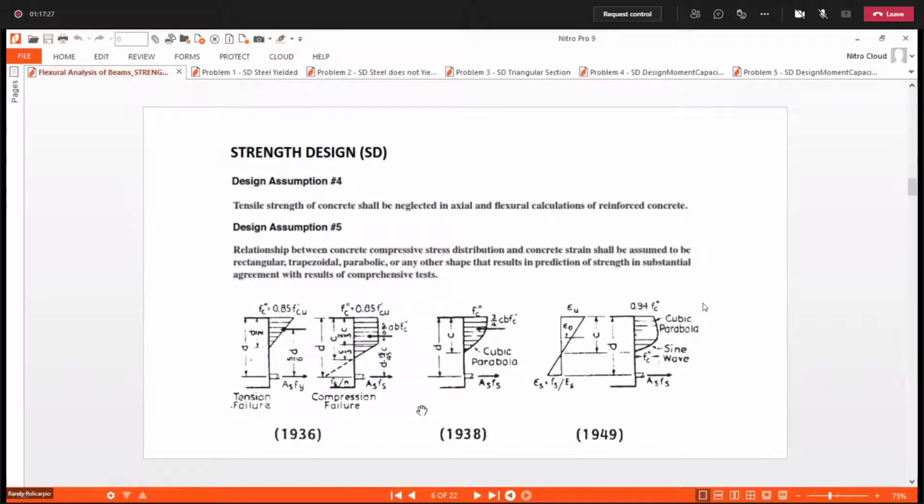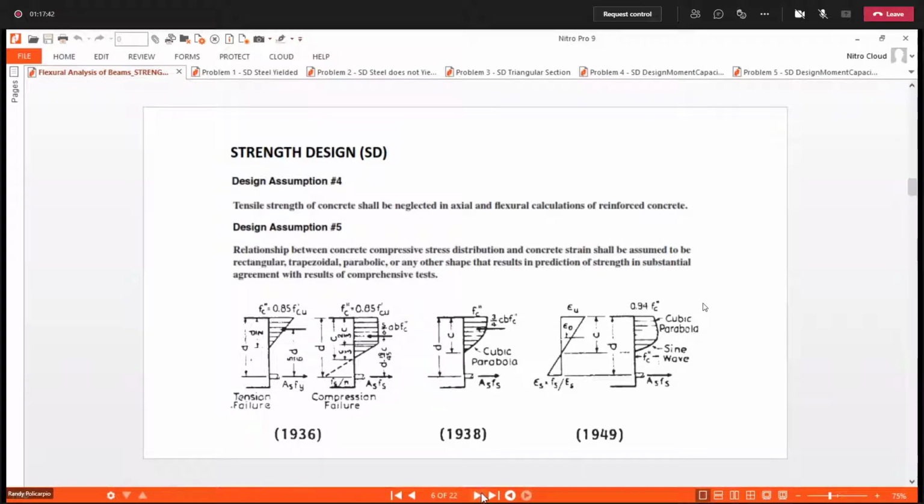So, yung code natin, ina-allow niya kung ano yung magiging possible shape ng compressive stress mo, no?